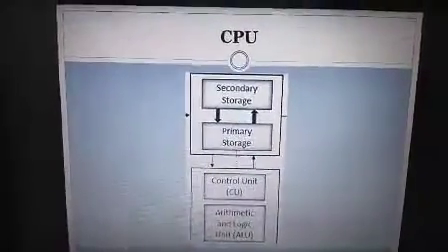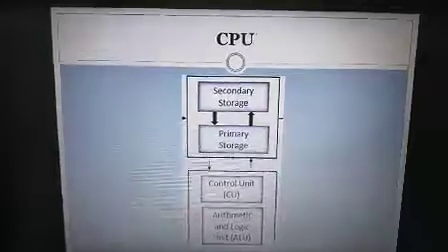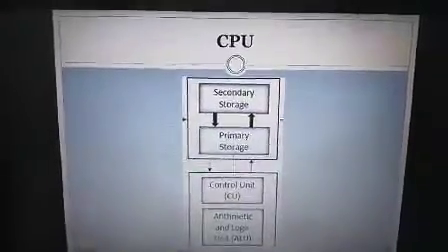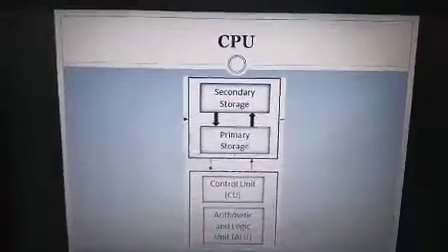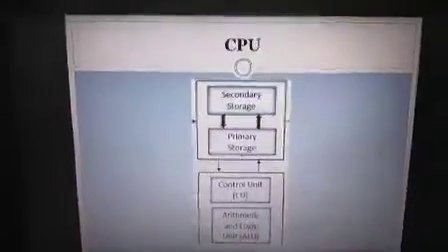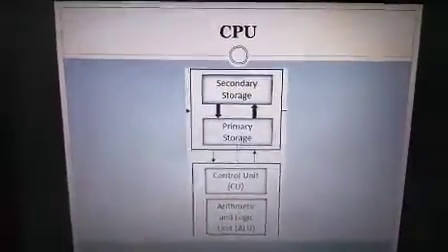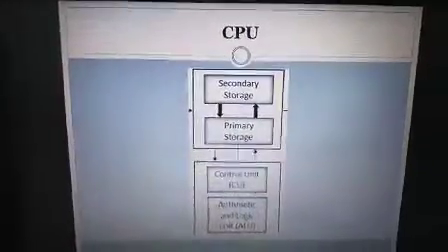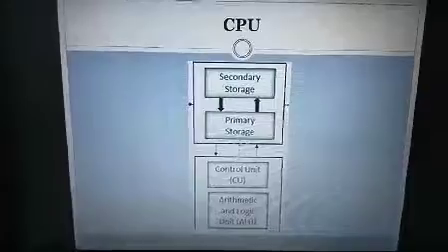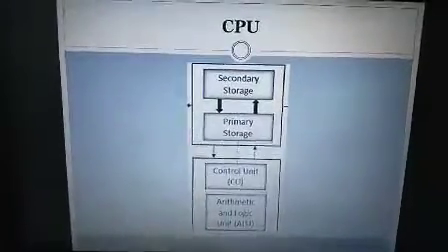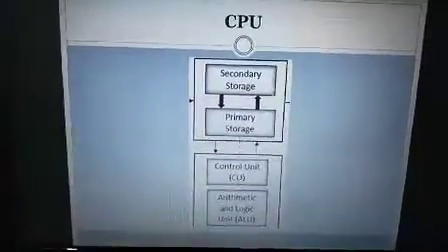The control unit controls the overall functioning of the computer system. It decides the time allocation for particular hardware, when the hardware should be given a particular process, and so on. How much time allocation, buffer, etc. is decided by the control unit. The arithmetic logic unit does the processing according to the input that you have given.